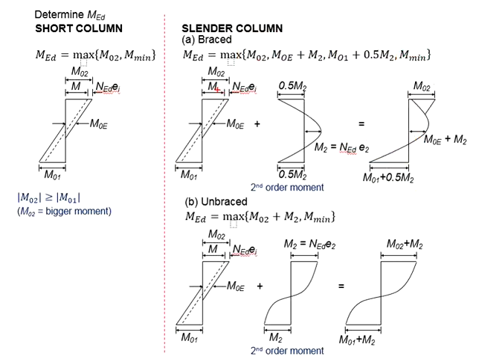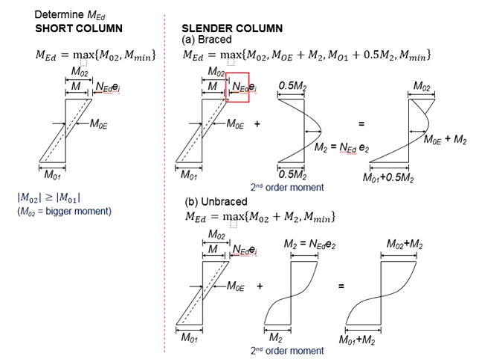That means you will need to get at least 3 first order moments, which are M02, M0E and M01. M02 and M01 are calculated based on the moment obtained from the column plus the moment due to the imperfection. Therefore, you will need to calculate the imperfection moment.